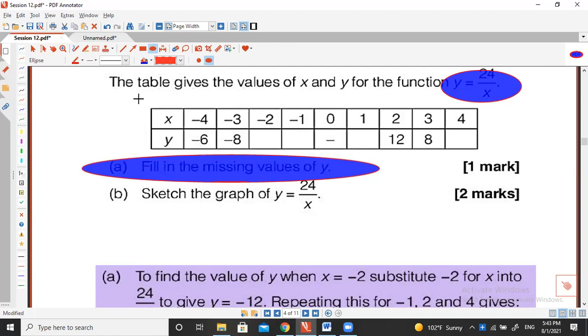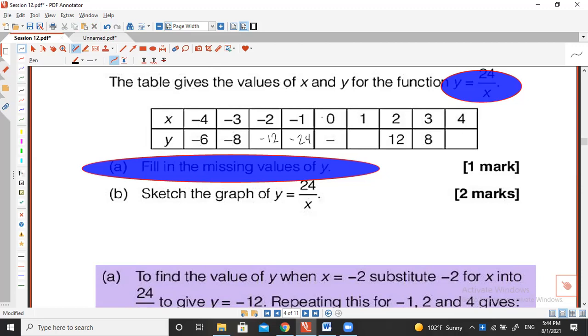Let's go step by step, Omar. If we put x equals -4, the value of y is -6, -3, -8, -2, then -12, -1, -24.